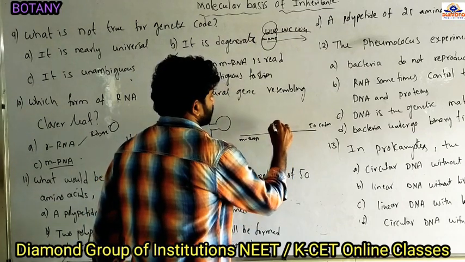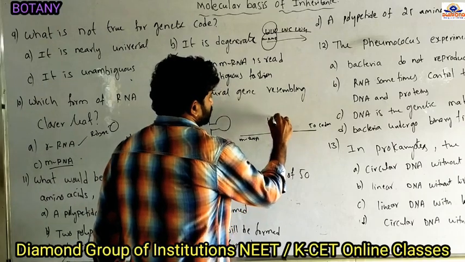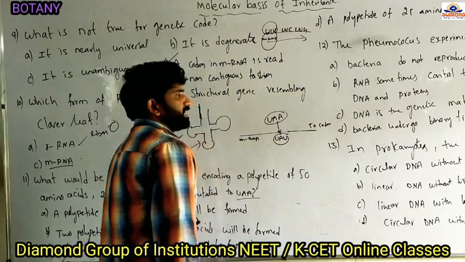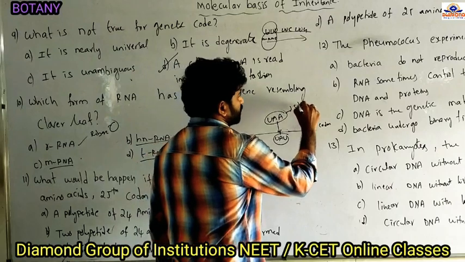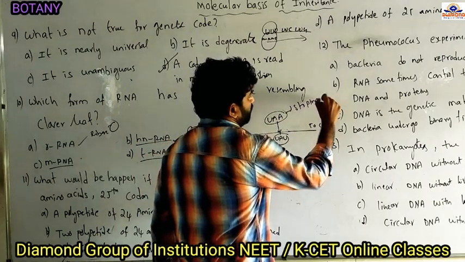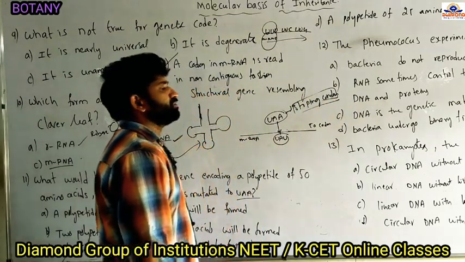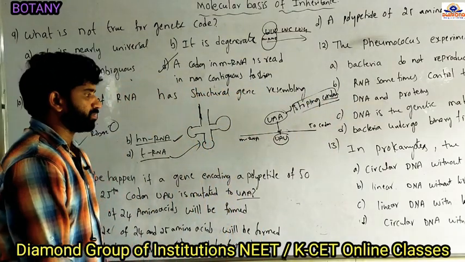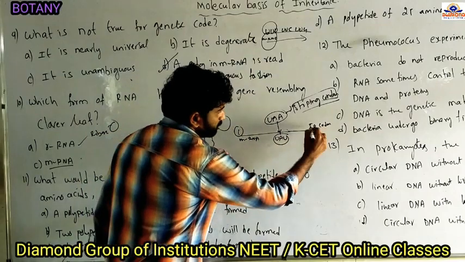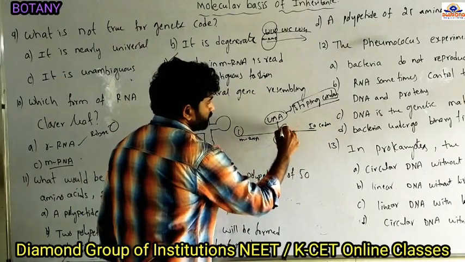Instead of UAU, it is mutated to UAA. UAA is a non-coding sequence, also called a stop codon. The stop codons are UAA, UAG and UGA. This is the first codon, this is the 50th codon, and this is the 25th codon.